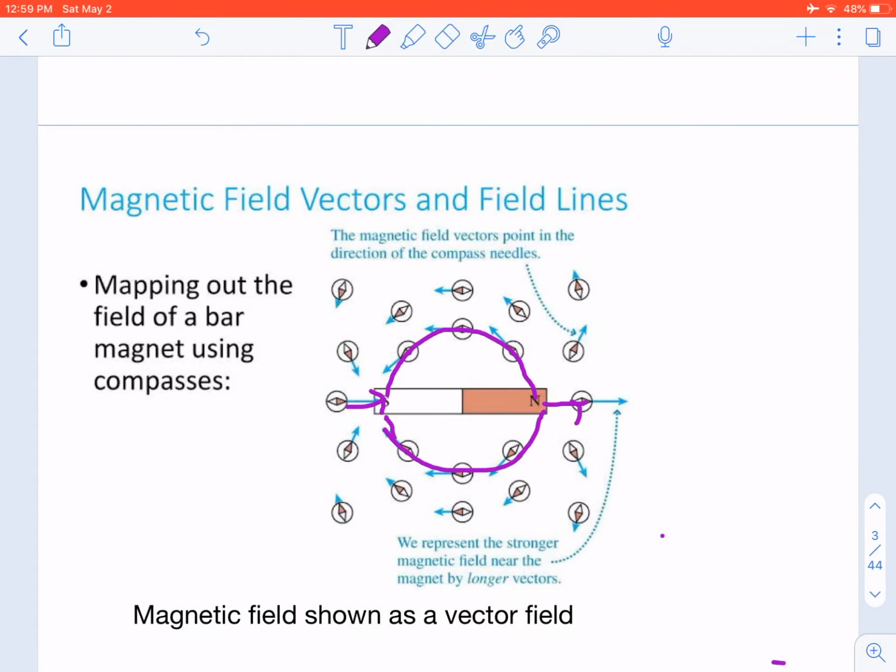So arbitrarily, we are calling one pole the North Pole and the other pole the South Pole. Either way, we could have called the North the South and the South the North.